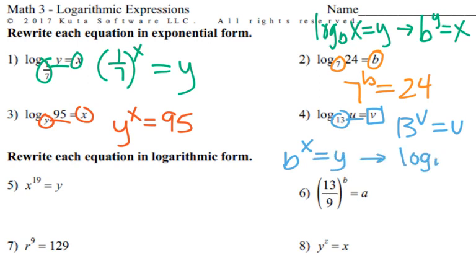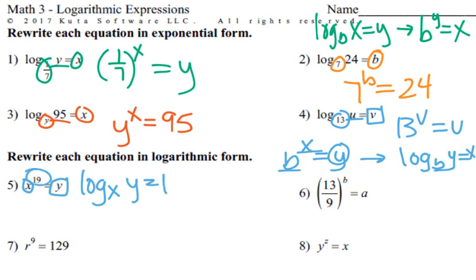We go log, the base becomes the base of the log, the output becomes the input, and the input becomes the output. So I'd have log base x of y equals 19.